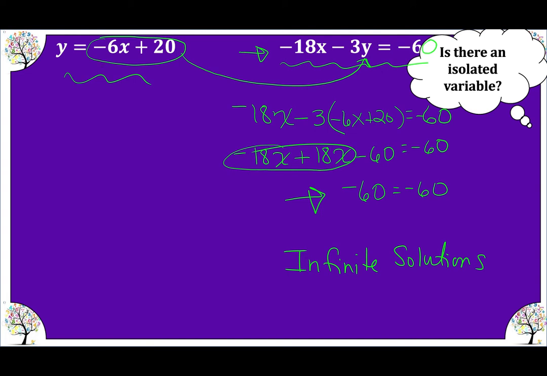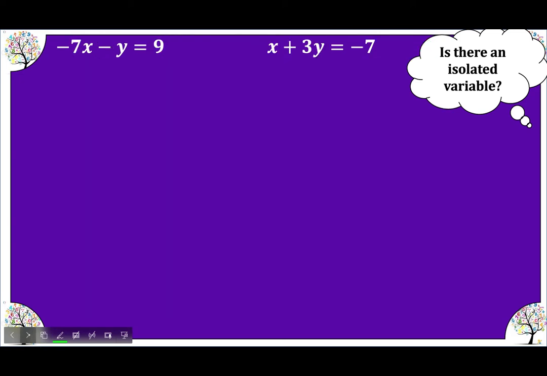They are the same line. So we use the word coincide. That means each point of this equation coincides or lies along the same points as our second equation. They coincide with one another. Infinite solutions, same exact line.